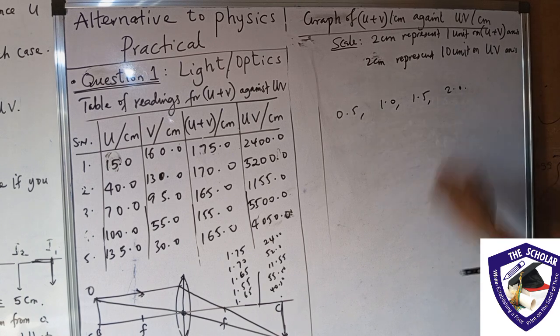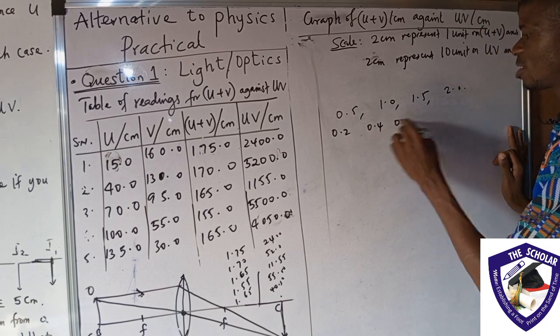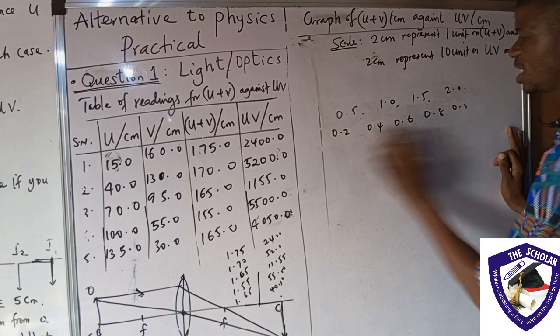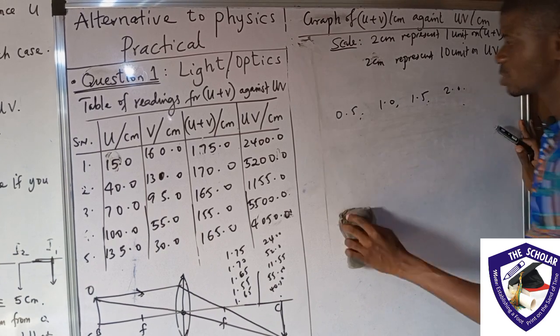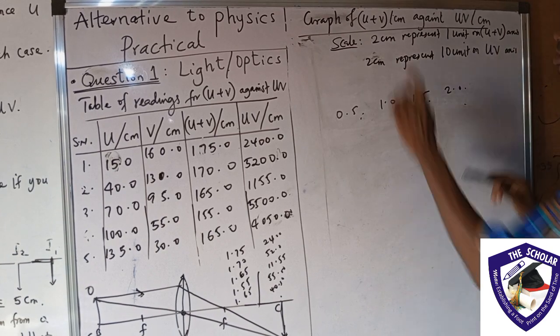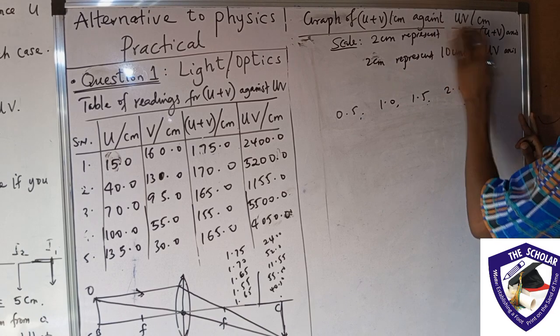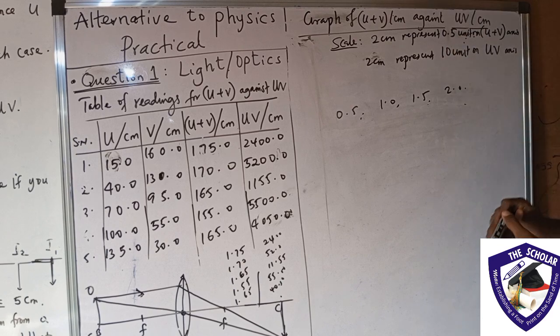So you can either go with this or you go with 0.2, 0.4, 0.6, 0.8, but if you use this one, it will not be able to accommodate it. So the best thing is to stick with 0.5. So it means that 2 centimeter represents 0.5 units on the vertical axis. I hope you are with me.